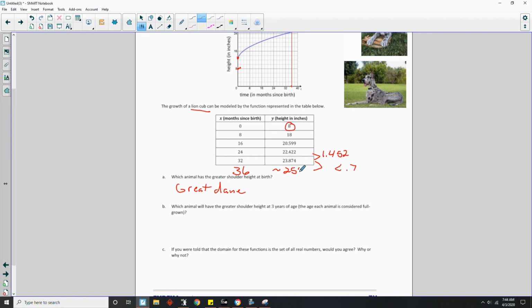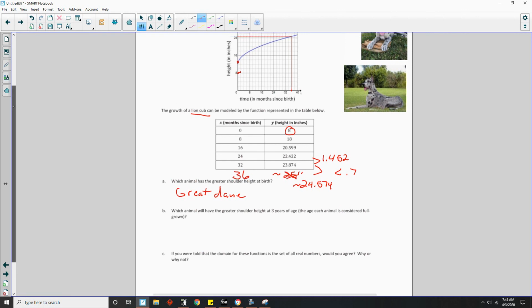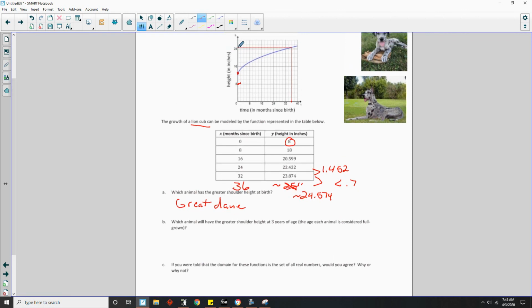Therefore, if I increase this by less than 0.7, say 0.6, that would not be 25. It would be 23.8 plus 0.7, which would be 24.5. 24.574 approximately, right? The Great Dane's height at 36, as we see in the graph, is a little bit more than 24 as well.